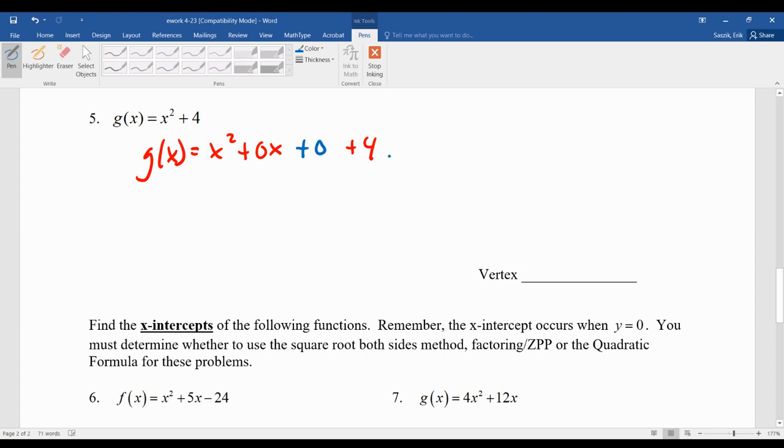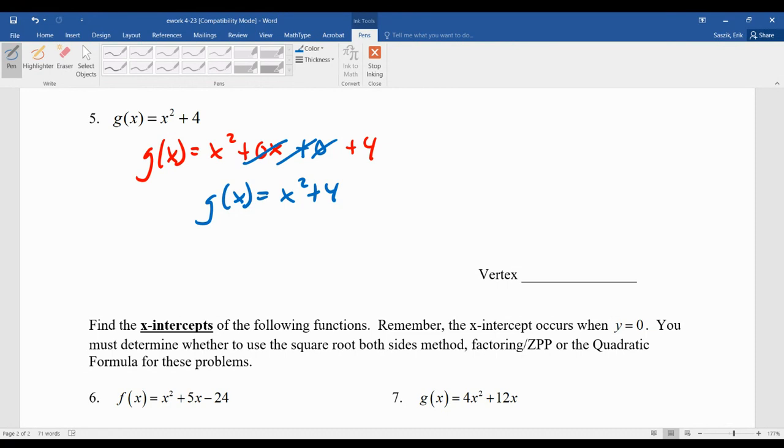There's no need to even write plus 0 over here because adding 0 didn't change anything. You see? This stuff goes away. So my equation actually is still the same thing. That's kind of weird, isn't it?